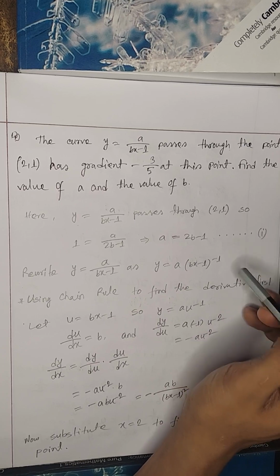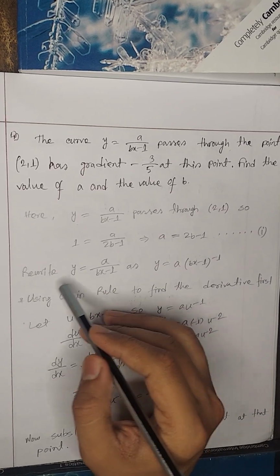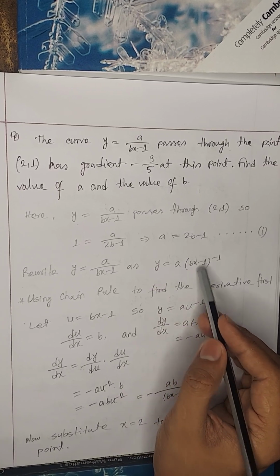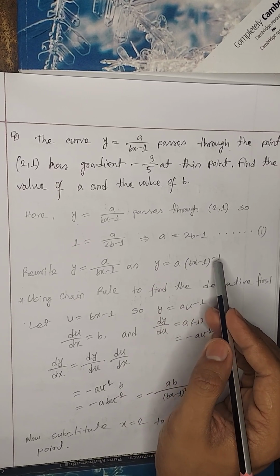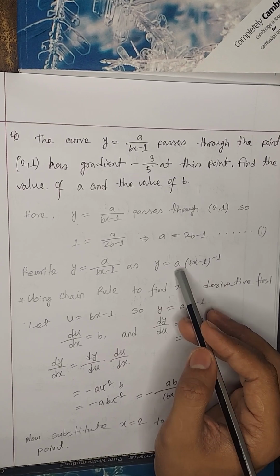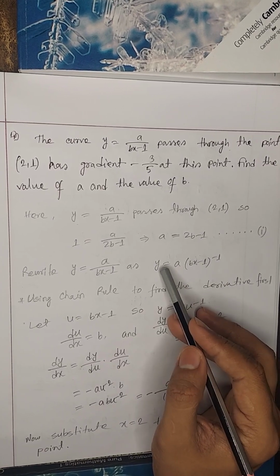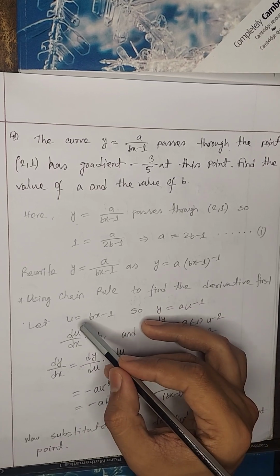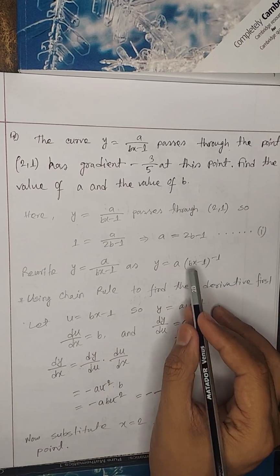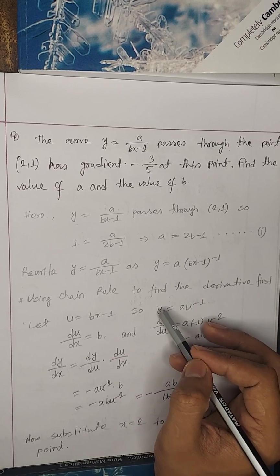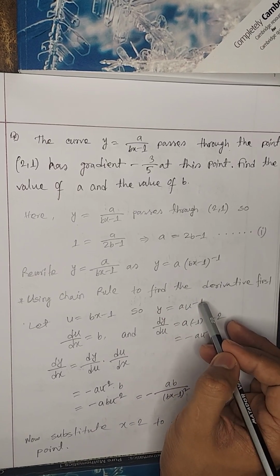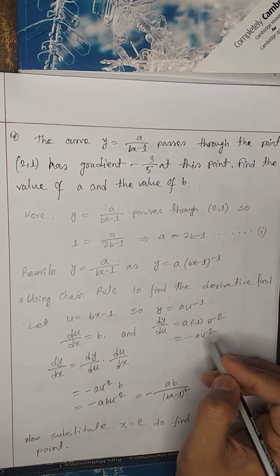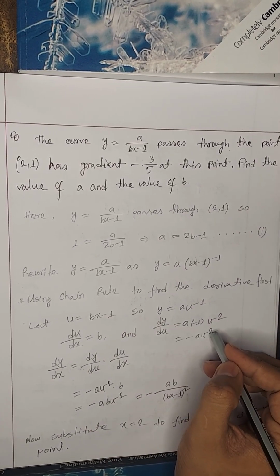We name this equation 1. Now, rewriting this equation, we get y is equal to a times (bx minus 1) to the power minus 1, and we can find the first derivative by using the chain rule here. If we take u is equal to bx minus 1, then we get y is equal to a u to the power minus 1, and du by dx will be b, and dy by du will be minus a u to the power minus 2.